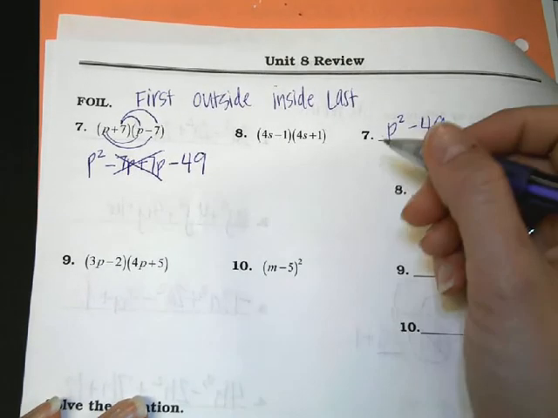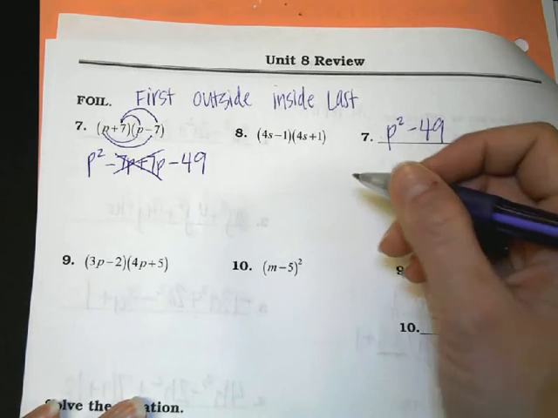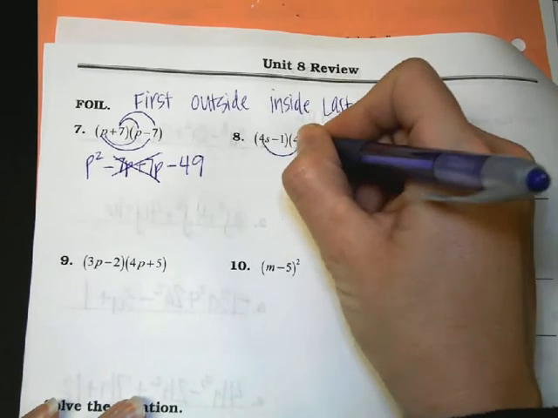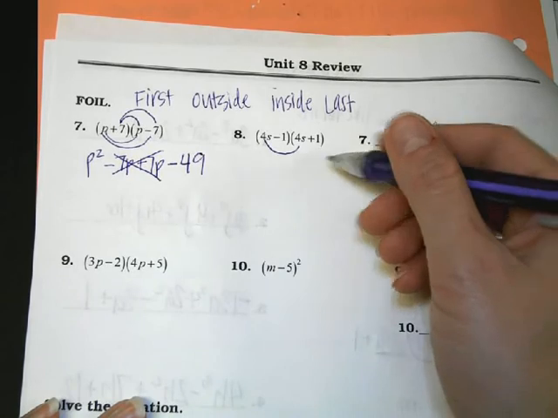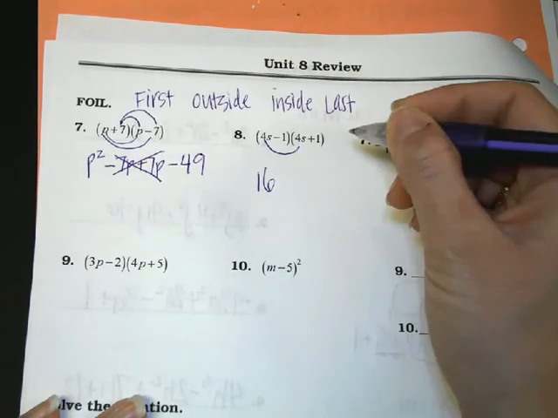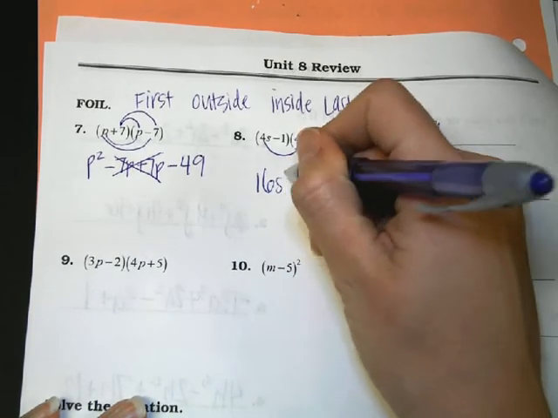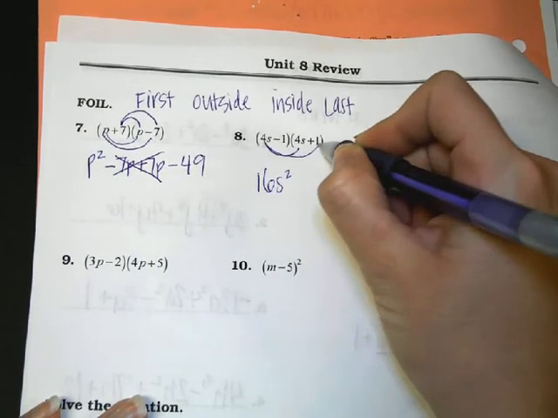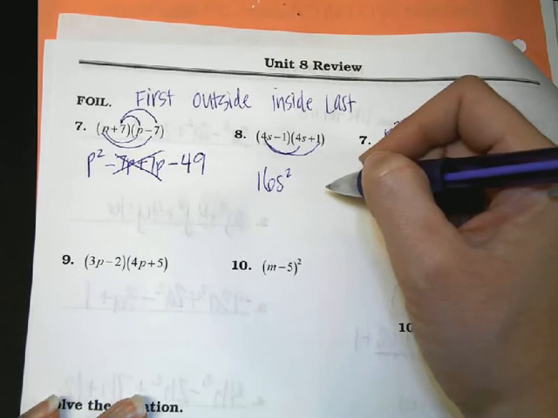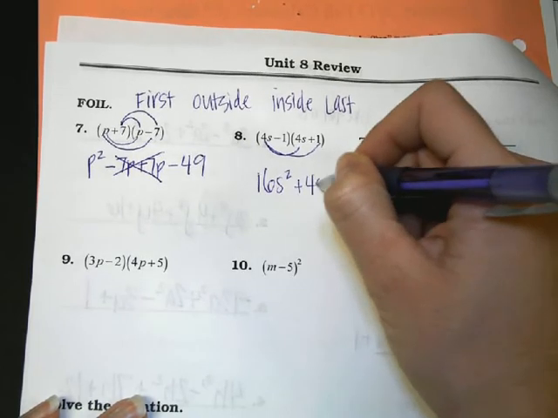Number 8, same thing, FOIL, the first times the first. 4s times 4s, I multiply the whole numbers like normal to get 16, and then s times s is s squared. Outside times the outside is 4s times 1, so I get plus 4s.